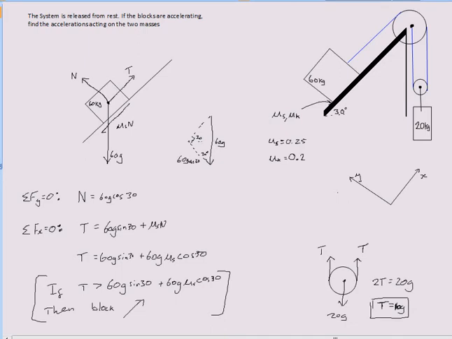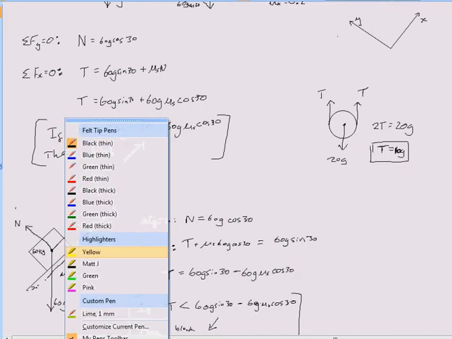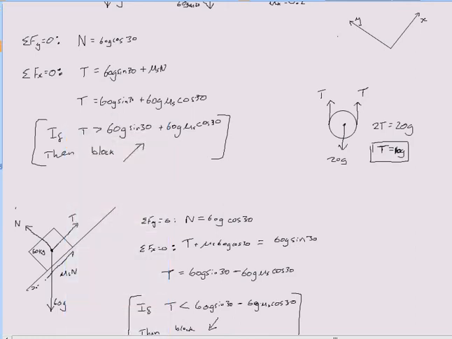Okay, so now we've got T, and we know every single value of this term in here. We can just simply plug in each of these values to determine which one of these inequalities are satisfied, if any of them are. So let's first check whether this inequality is satisfied. Well, 10g is just going to be 98.1 newtons.